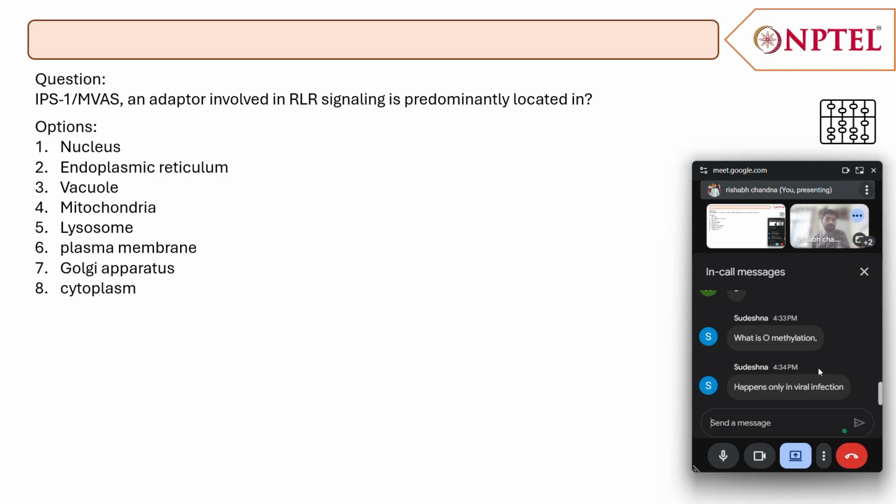Okay, and in the nucleus itself, it is a major modification that takes place, epigenetic modifications for activating or inactivating any part of the gene.